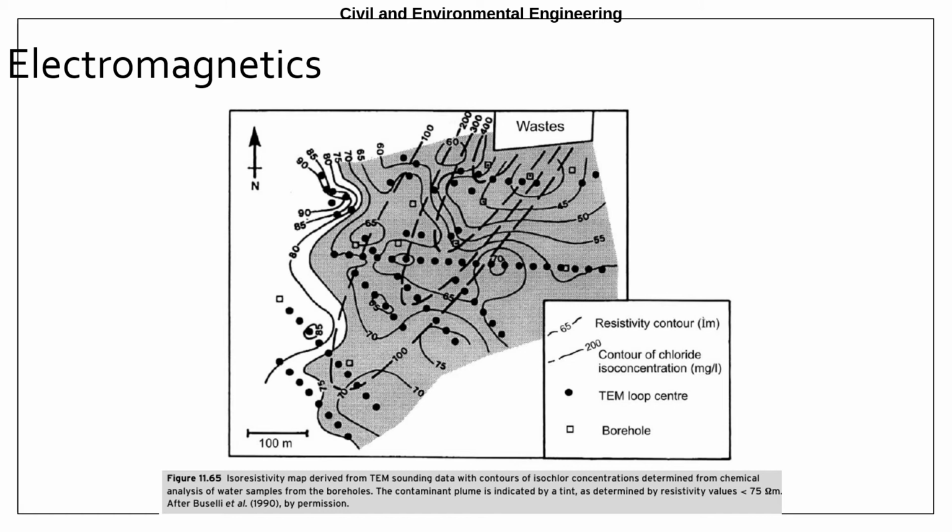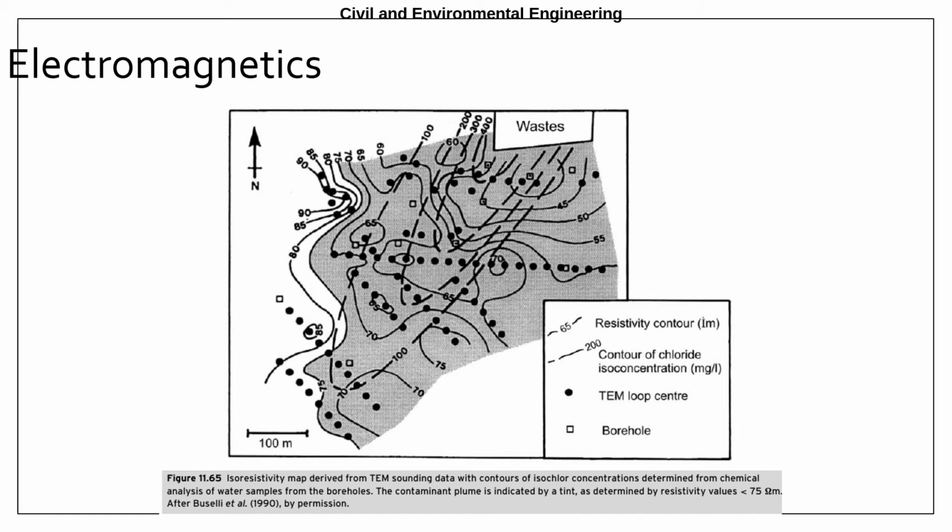So what we can see here is, in this area, we have relatively low isochloride concentrations, so it goes from 55, 50, 45, and then here you have a relatively low isochloride concentration.